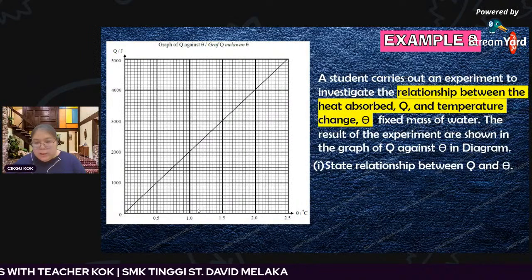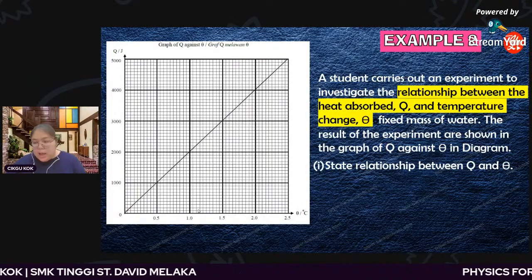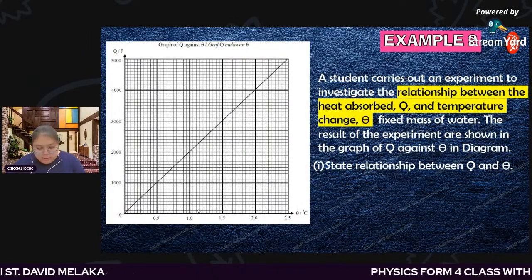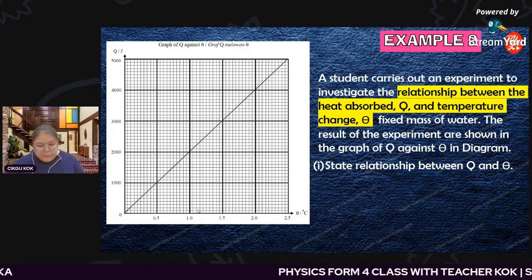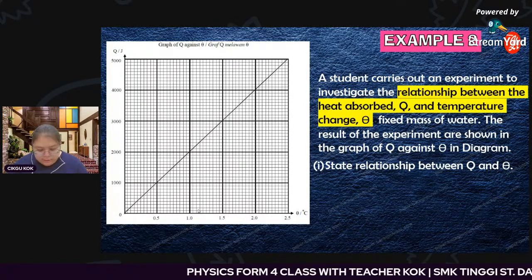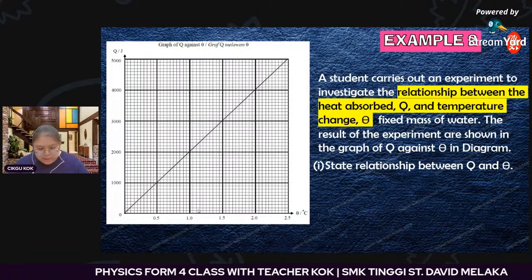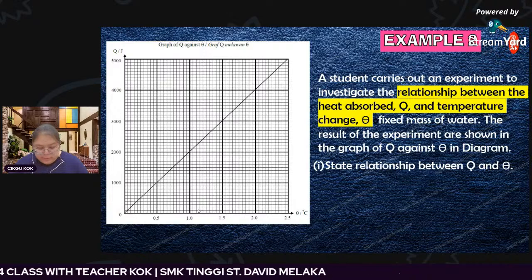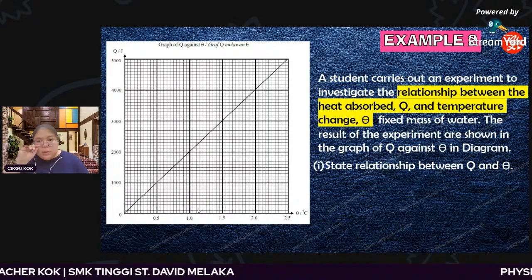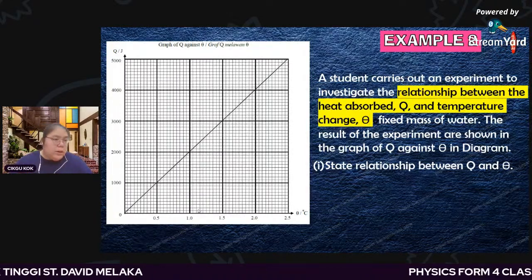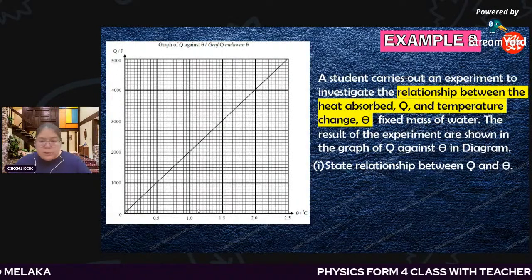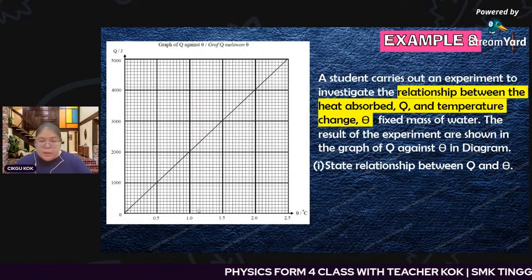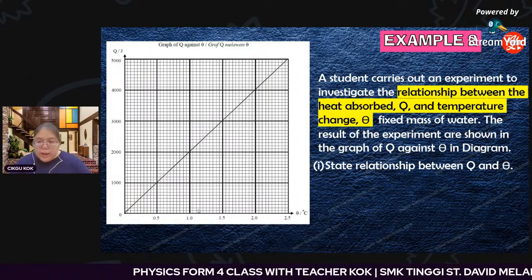Q is what to theta? We have 59 students here. That means I think it's an easier question. Our lesson is just until 9:30 only, so be faster to type your answer. The relationship between Q and theta.